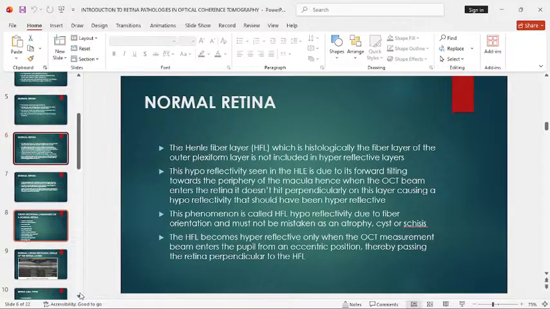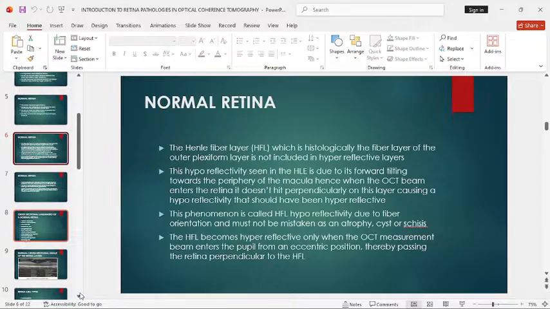But when the probe of the OCT machine enters in an eccentric position, we notice that hyperreflectivity is seen.